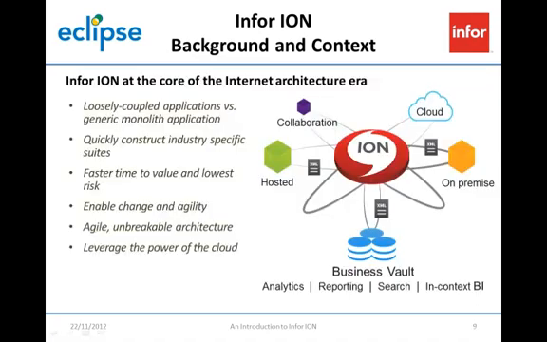So if we take a look at this example, we have the Infor ION solution sitting in the middle of a whole bunch of different applications. We could have cloud solutions, the example being something like Salesforce. We could have on-premise solutions, so that could be Sun Systems, and we could have other things regarding collaboration.